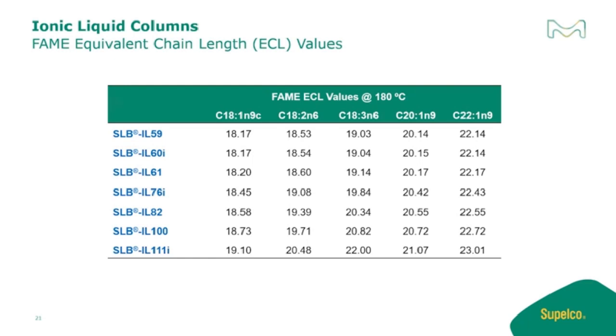And you can see, looking at C18:3n6 with the SLBIL59, we have an ECL value of 19.03, indicating that on a log scale, the C18:3 fatty acid methyl ester will elute halfway between C18 and C20 FAME. As I said, with the SLBIL111, we now have a co-elution with the C22. That's how far we have shifted the C18:3 fatty acid methyl ester downstream due to the increased selectivity of that particular stationary phase.